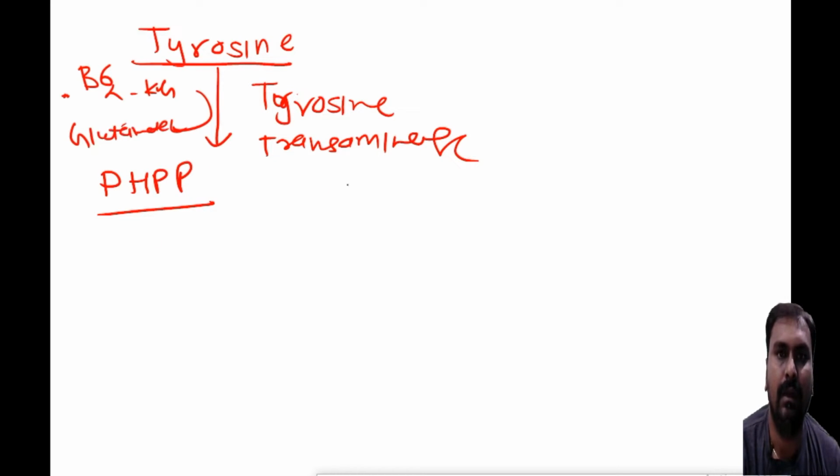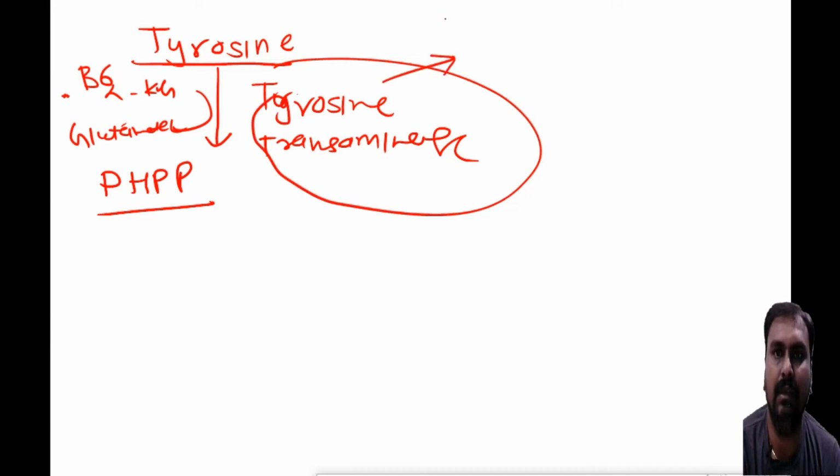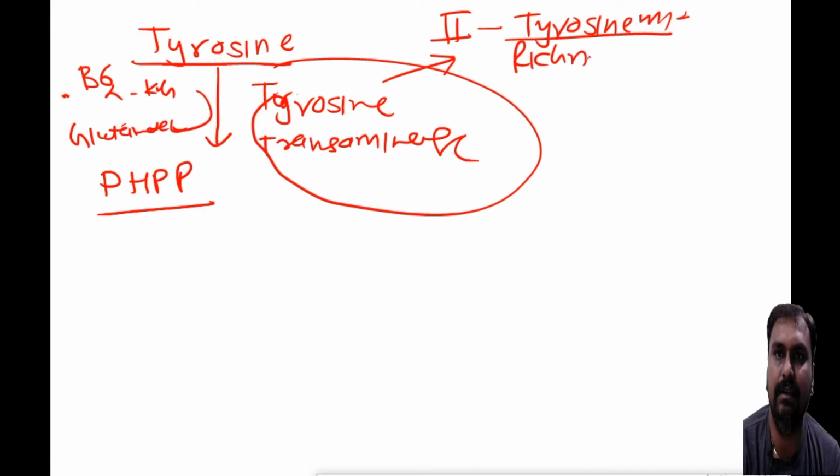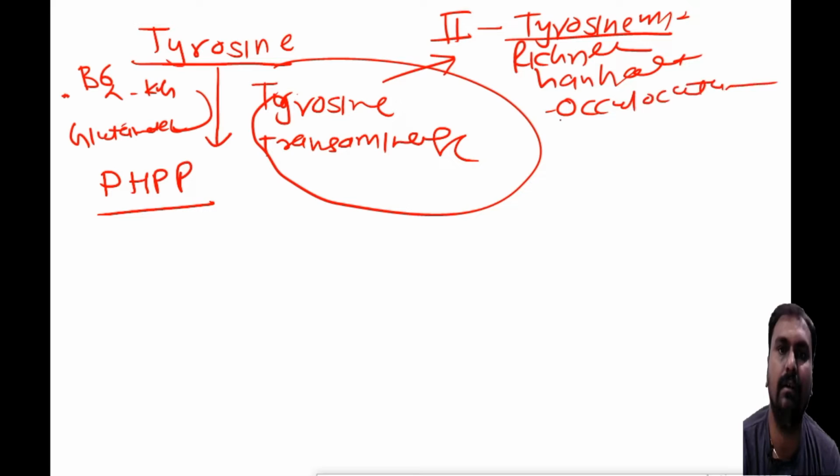If this enzyme, tyrosine transaminase, is deficient, it leads to type 2 tyrosinemia, also called Richner-Hanhart syndrome, where oculocutaneous manifestations and hyperkeratosis occur.